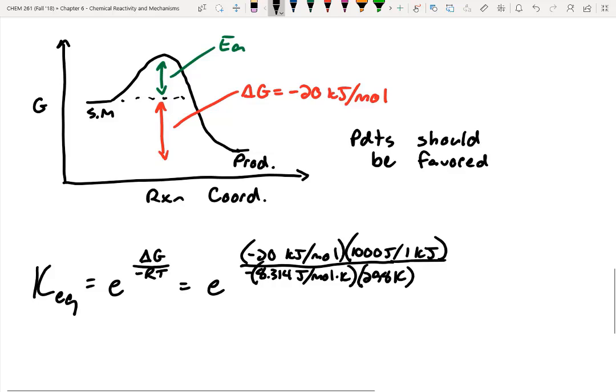So now we should be able to cancel out our kilojoules and be left with our desired unit of joules, which are now on the top and bottom. So that will cancel. We've got moles on the top and bottom, so that'll cancel. And we've got Kelvin canceling out. So all our units are canceling. Let's go ahead and check this on our calculator. Does anybody have an answer for this?